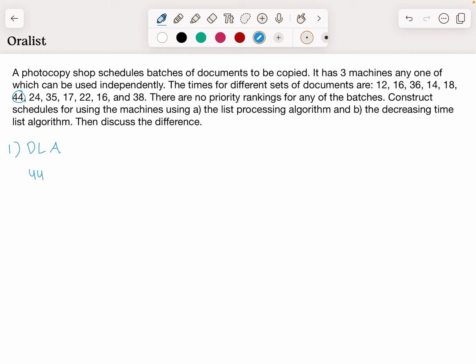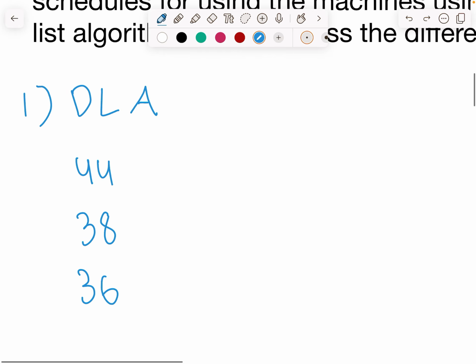And then the second biggest one is 38. And then the third biggest number is 36. So this each represents 3 of the machines: M1, M2, and M3.